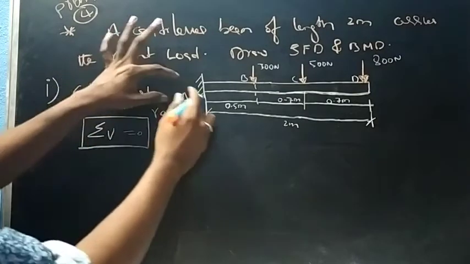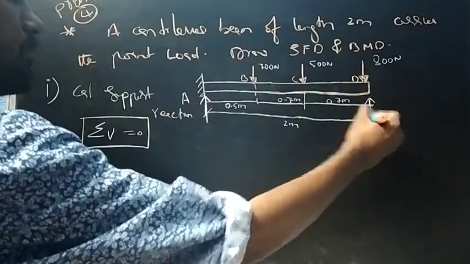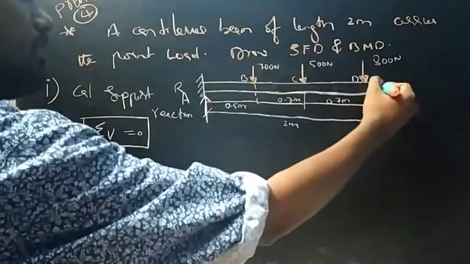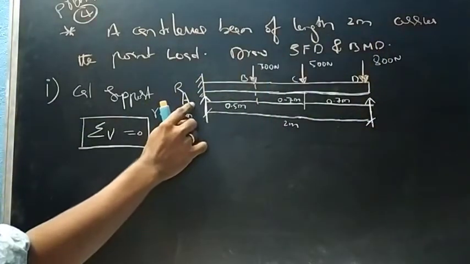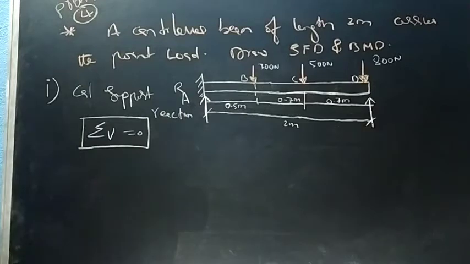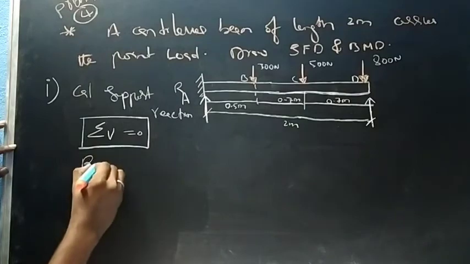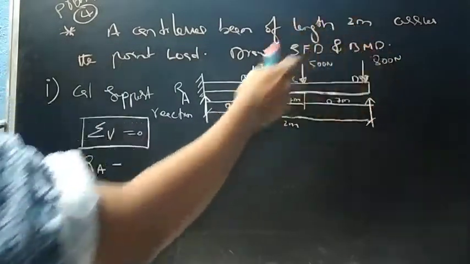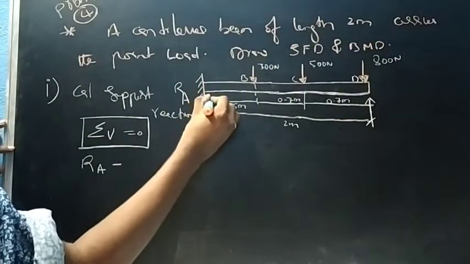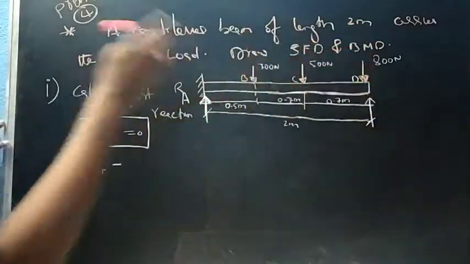So I can write all the vertical forces. One is here, another one is here, that is RA, and this one will be RD, right? All the values are here except RA, so we need to find RA. RA minus 800 minus 500 minus 300 equals 0. The upward direction we take positive, and the downward direction we take negative.